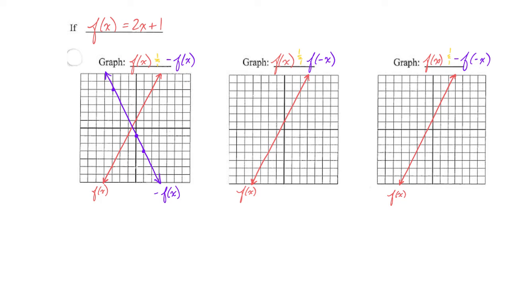My reflection and my original graph intersect on the x-axis. And that should make sense. Any point that was on my original graph, my red graph, that's on the x-axis, well, if I try to reflect that across the x-axis, it's not going to move. Nice. I get a little confirmation that that's probably the correct graph.